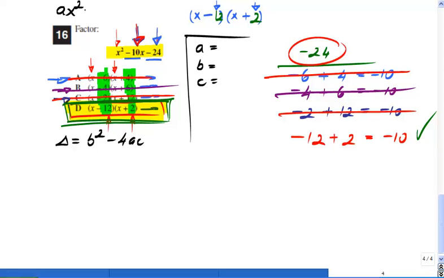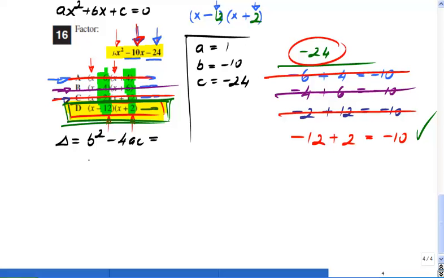Any quadratic equation in standard form will be ax squared plus bx plus c equals 0, okay? In this case, a is the coefficient of x squared, which is 1, it's not showing, right? So a equals 1. b is your x coefficient, which is negative 10. c is your constant, which is negative 24.